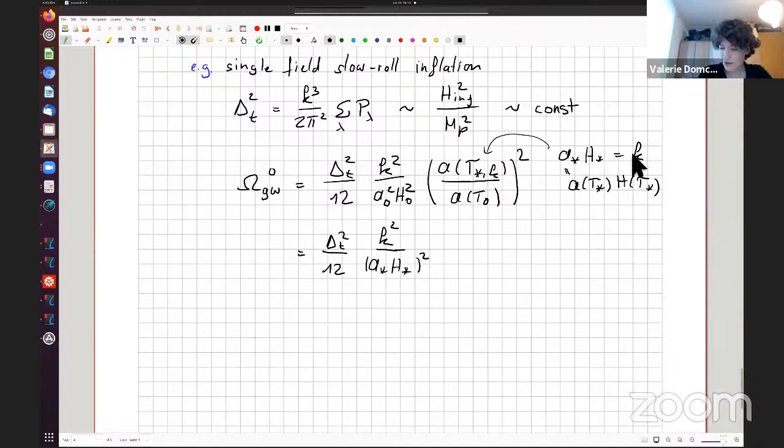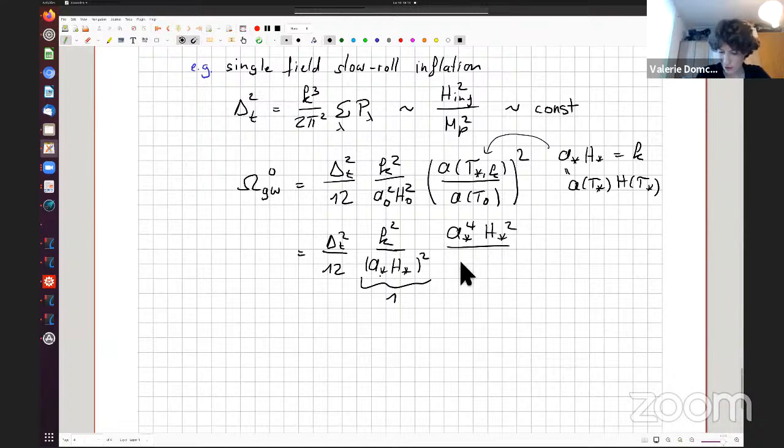By definition of the star, this is 1. Now I've essentially expanded with this parameter, so I have to compensate for that. On the right-hand side, I have 2 powers of a star from here, 2 powers from here, so a star to the 4, and I have to compensate for this. So there's an H star squared.